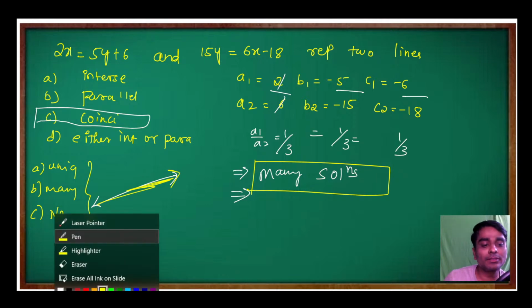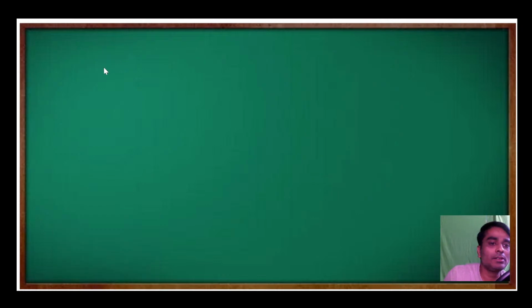Okay, next one. Find the sum of zeros for the polynomial x square minus 1.